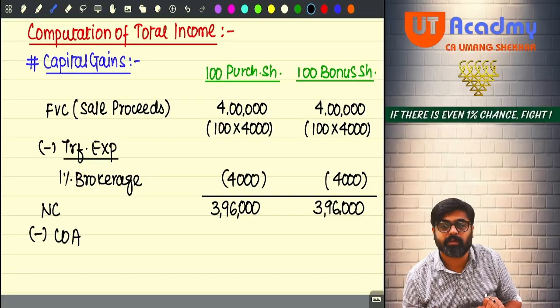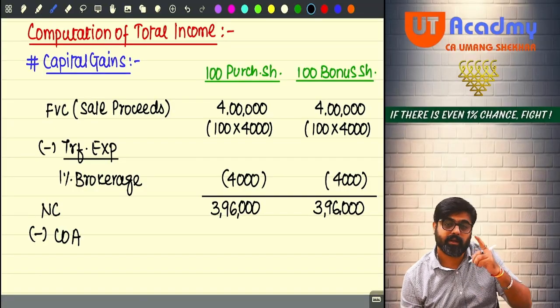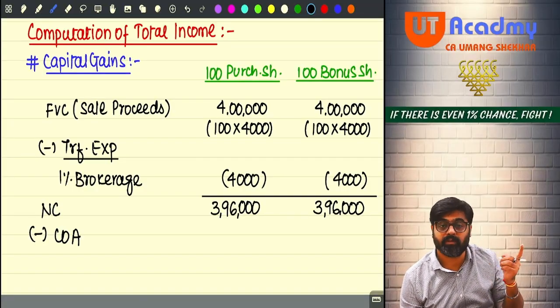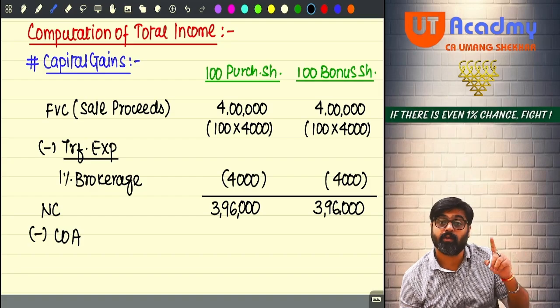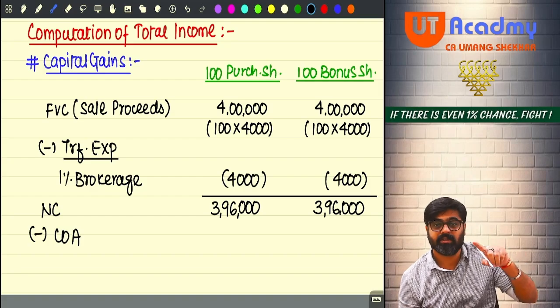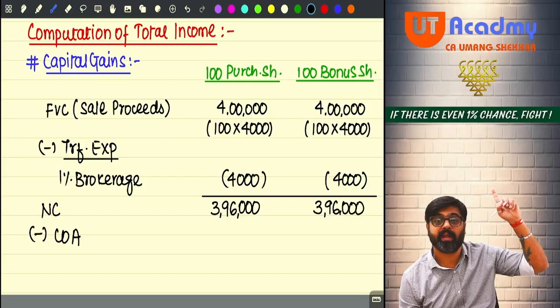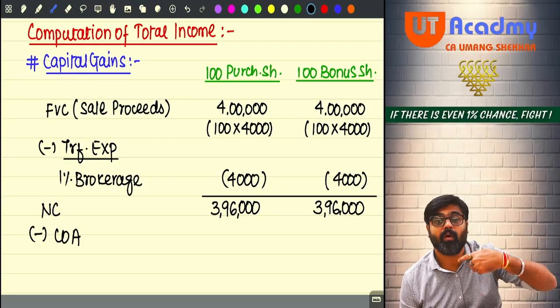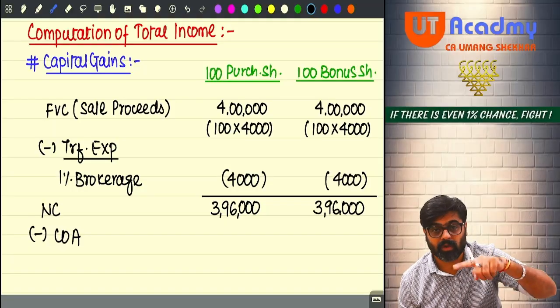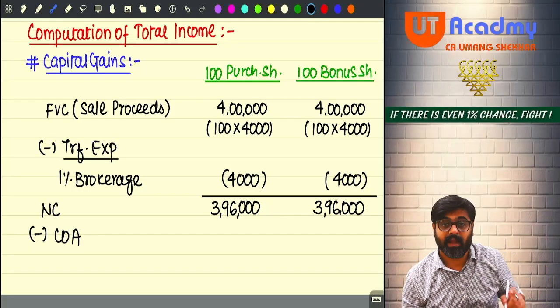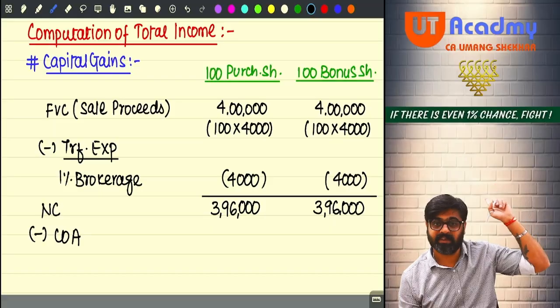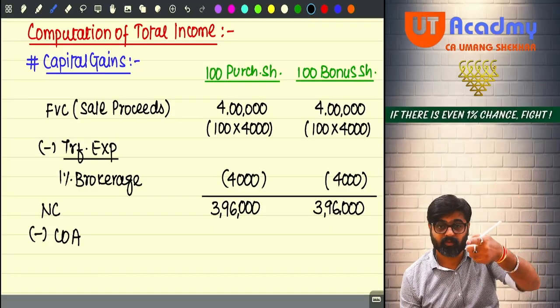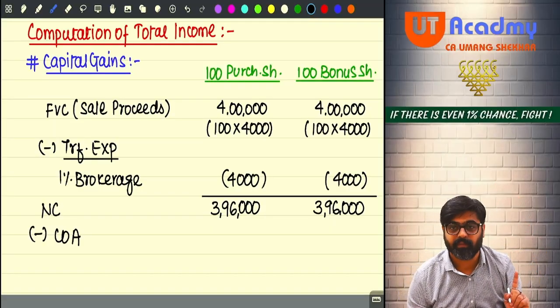Cost of acquisition. Now for 100 purchase shares, the cost of acquisition will be determined as per 55(2)(AC), because these shares were acquired prior to 1st February 18 and transferred in 24-25, meaning on or after 1st April 2018. And at the time of purchase also STT was paid, and at the time of sale also the STT is paid.